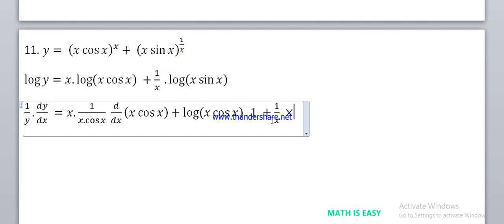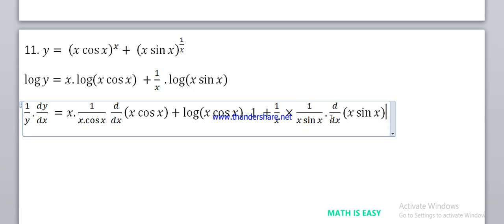So it will come 1 upon x into sin x. This into sin x will come here only. Derivative of x sin x into derivative of theta will come. Derivative of theta means d by dx into x sin x.